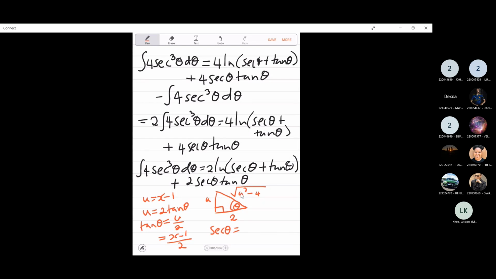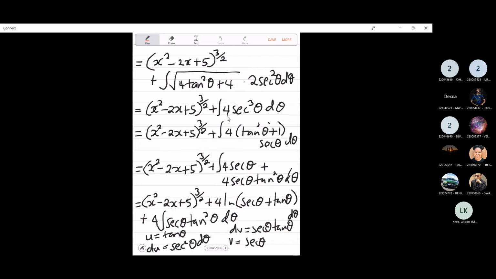So this is the square root of x minus 1 squared minus 4, and then divided by 2. So we'll substitute everything here, there, and there, and then come and substitute over here, and the integral in terms of x will be our final answer.